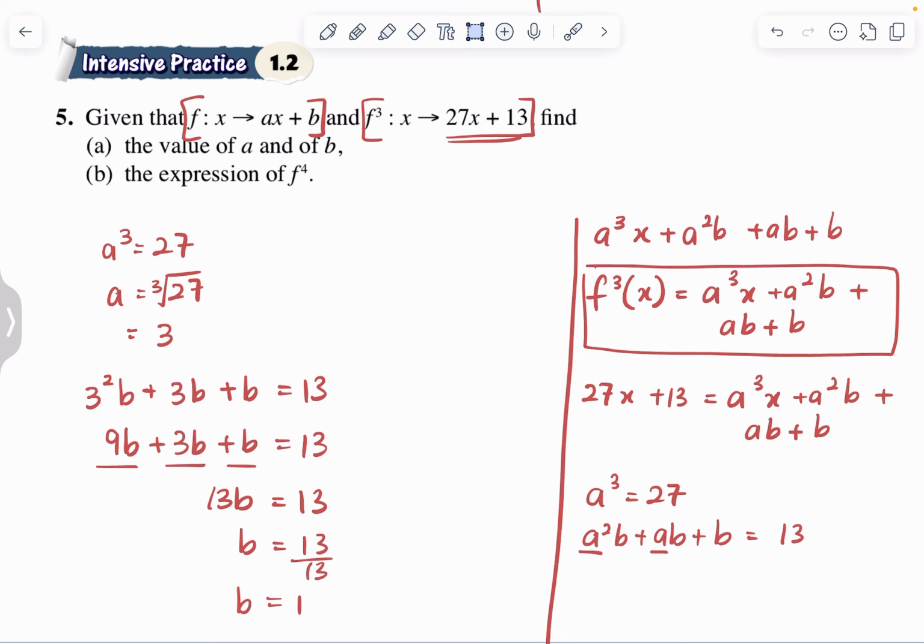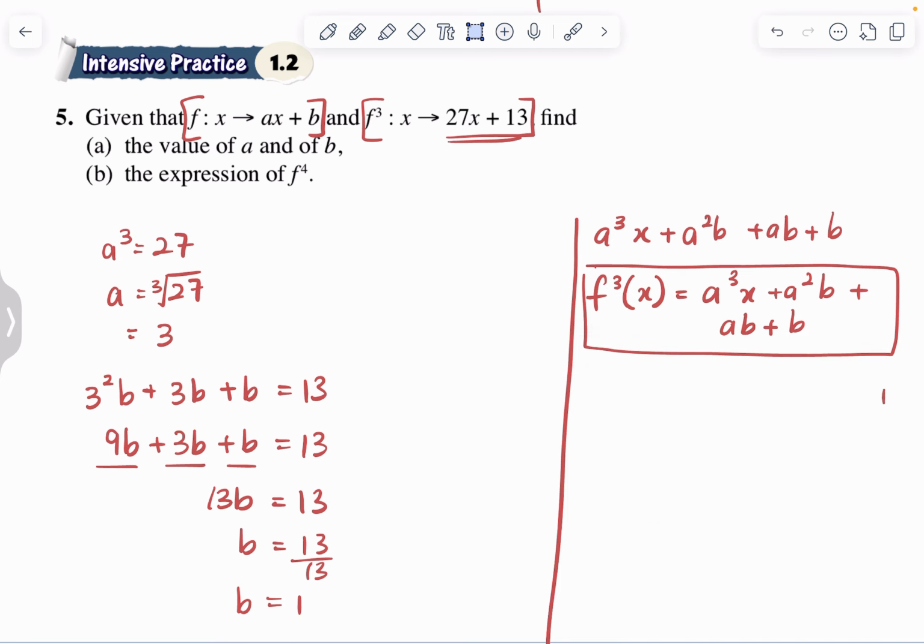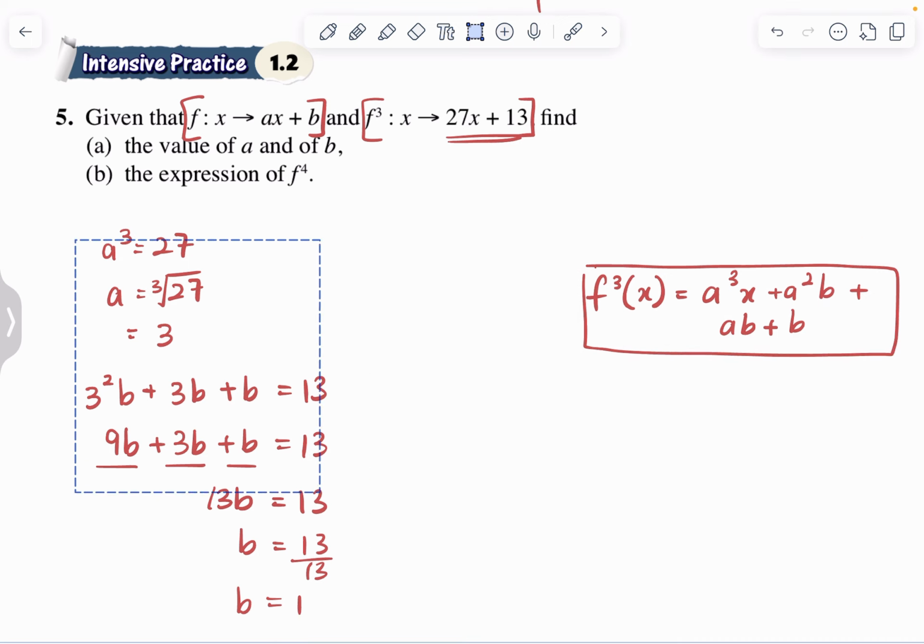Right. Next, they want us to find f4. Okay. So we can start working from f3. Let's delete all this. Oh, actually, wait, we do need the a and b. So f cubed of x can be written as 27x plus 13.